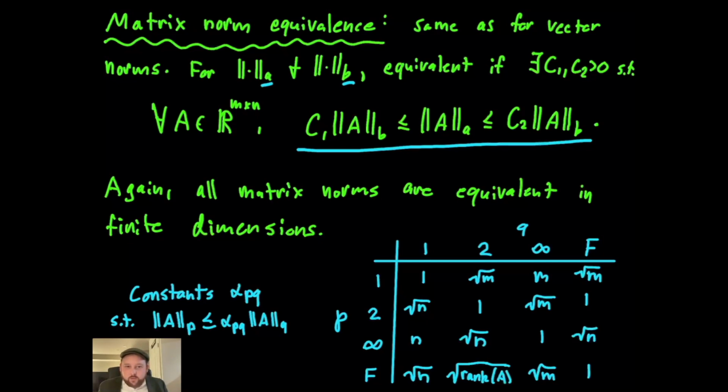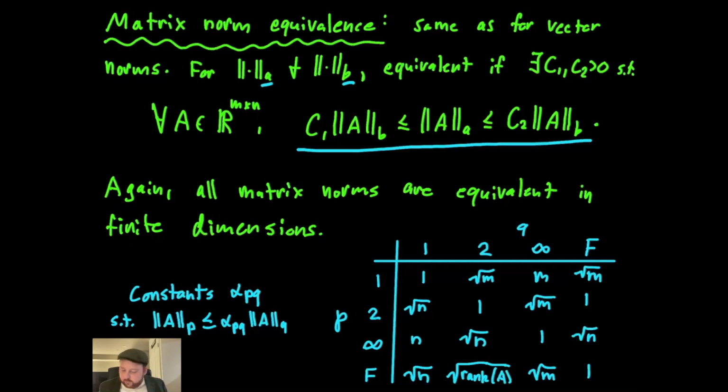Here, for any value of p, I consider the p norm of A, and I want to upper bound it by some constant times the q norm of A. And this table is giving you what those constants are.